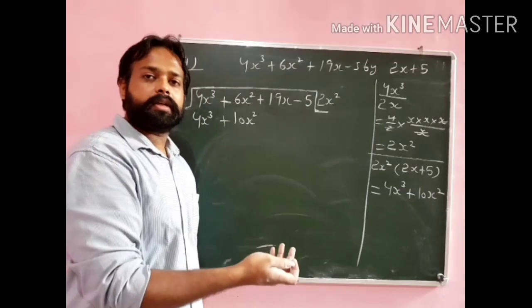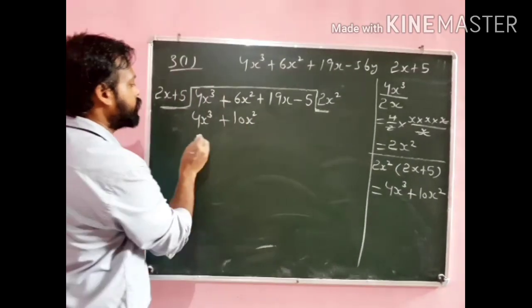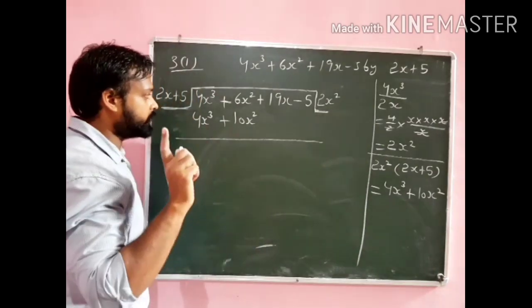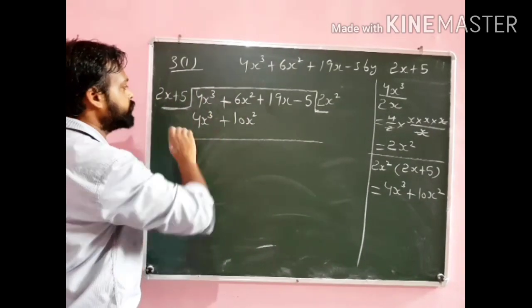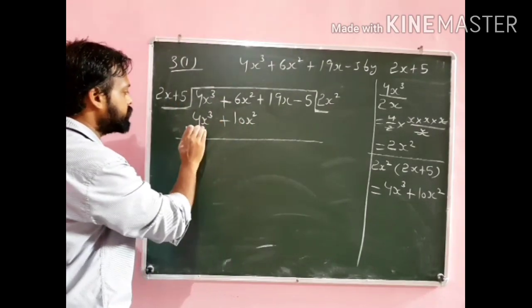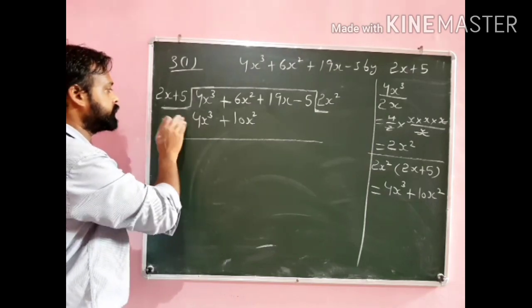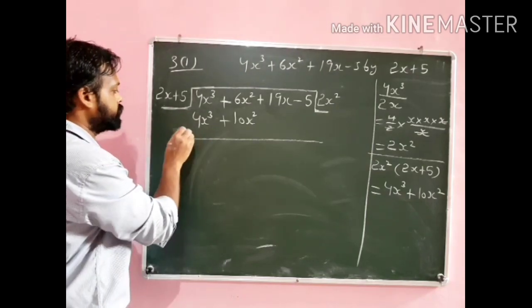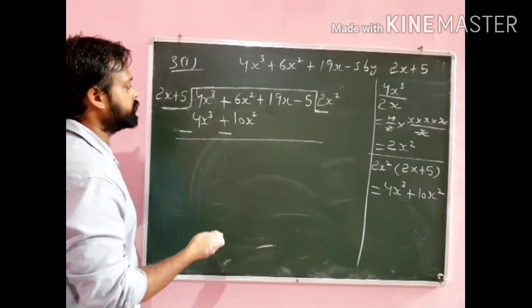Now what is the third step? In the third step you have to subtract the terms. Listen carefully: while subtracting you have to change the sign of these terms. This 4x cube has a positive sign, so make it minus, and this plus also make minus.